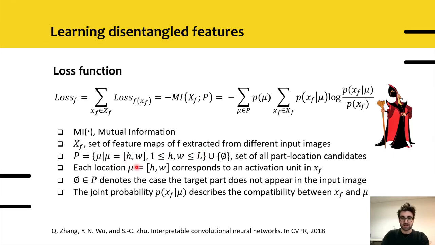Each location is given by these two numbers, mu, H and W, and we also have the empty set belonging to P, because this denotes the case in which the target part does not appear in the input image. Finally, we have the joint probability P of X_F given mu, that describes the compatibility between X_F and mu.